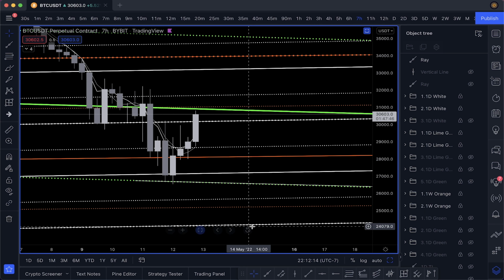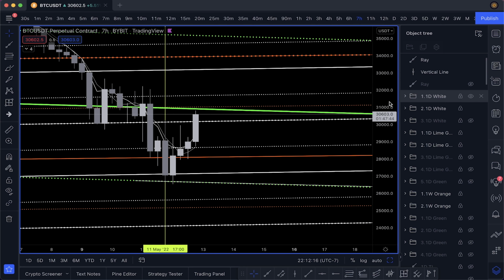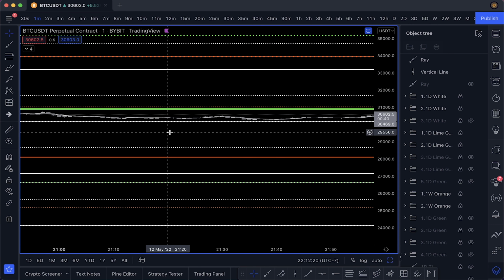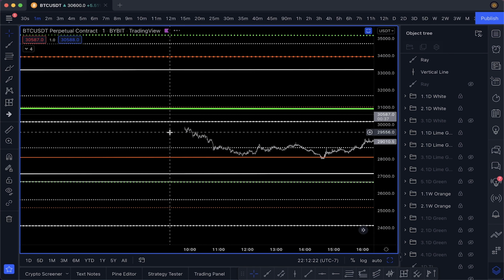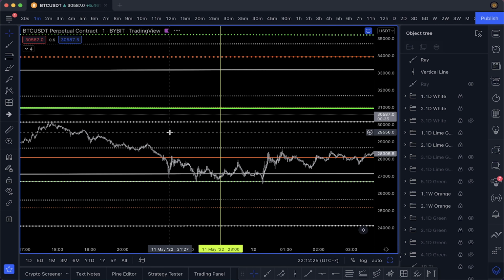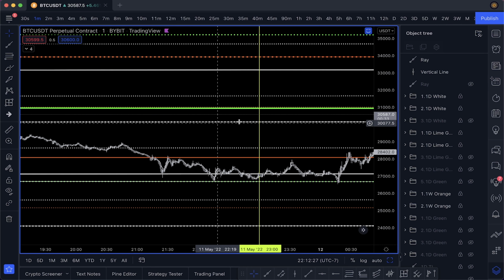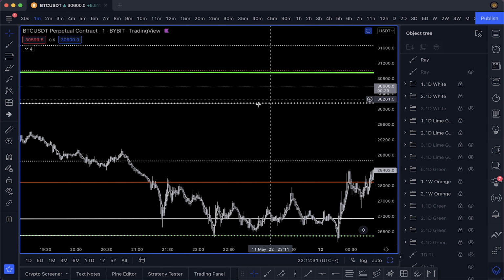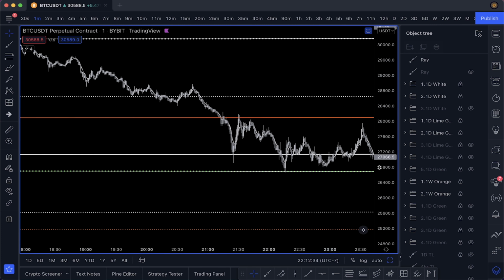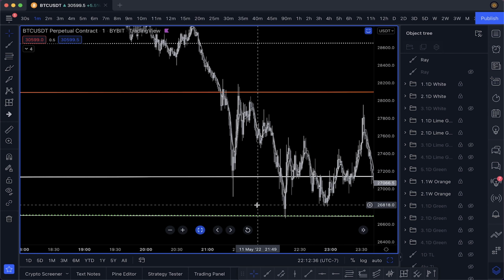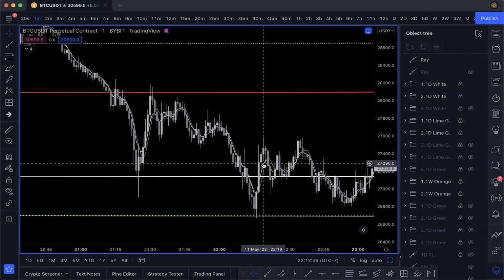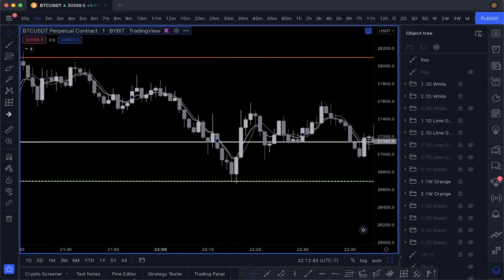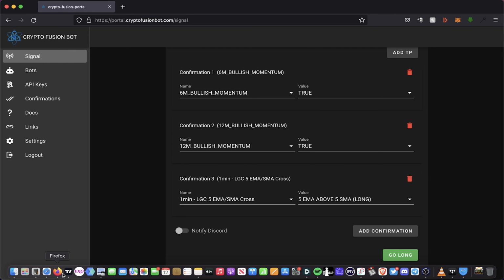So we drop down to the 1 minute and scroll back real quick. Here, right? The reason I like to use this as a confirmation, guys, is because of what that confirmation means, right?